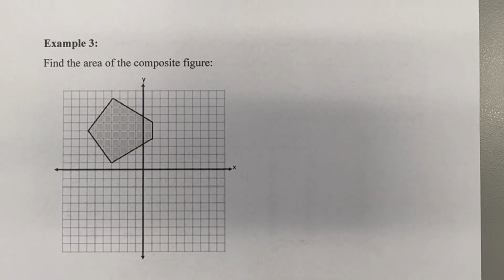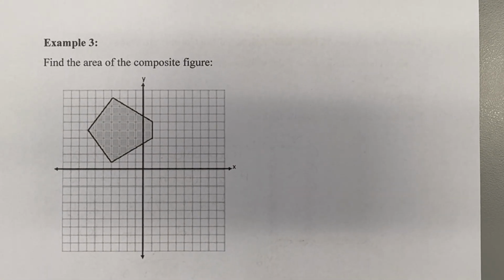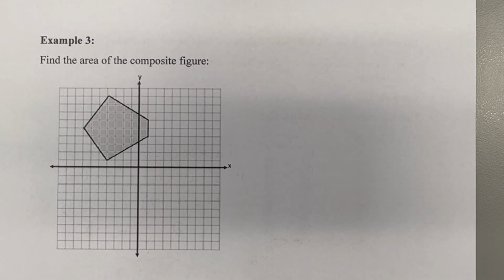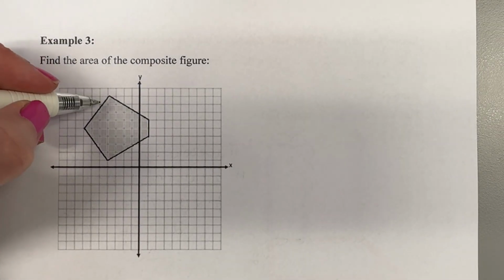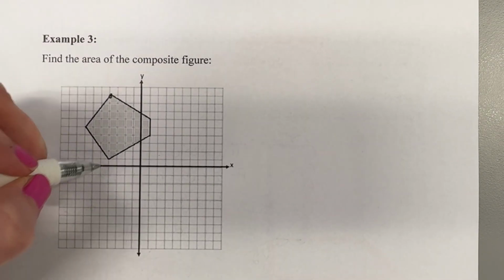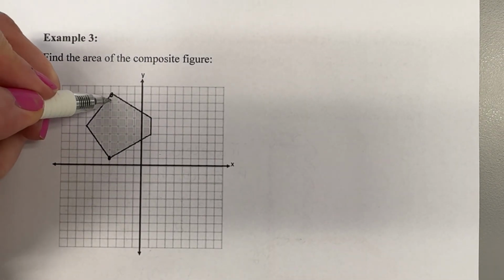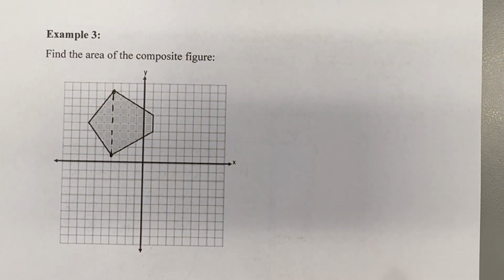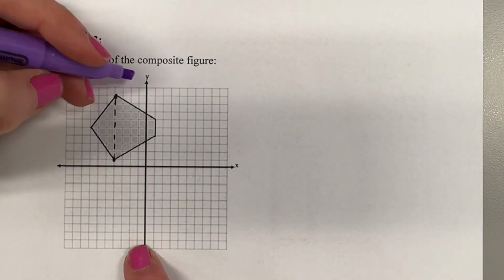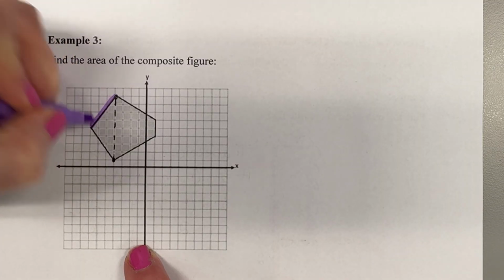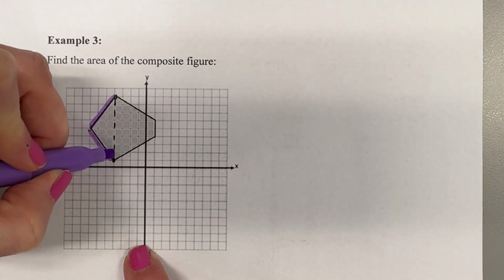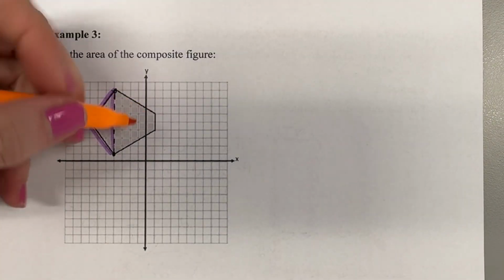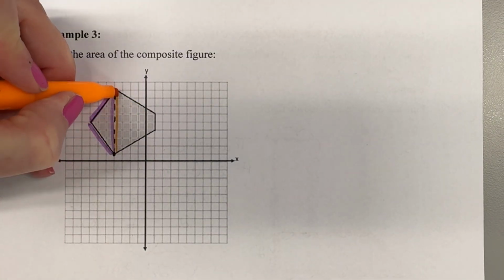Find the area of the composite figure. So you're looking at where you want to make cuts. I am seeing from this point here to this point here, if I connect that, I am seeing a triangle on the left and a trapezoid on the right.